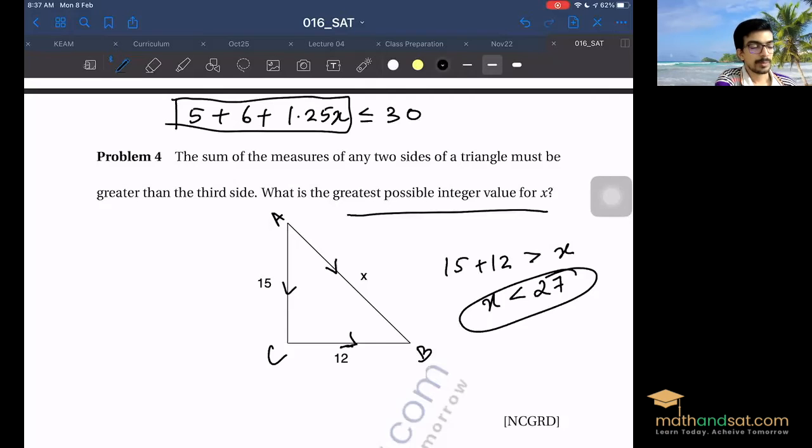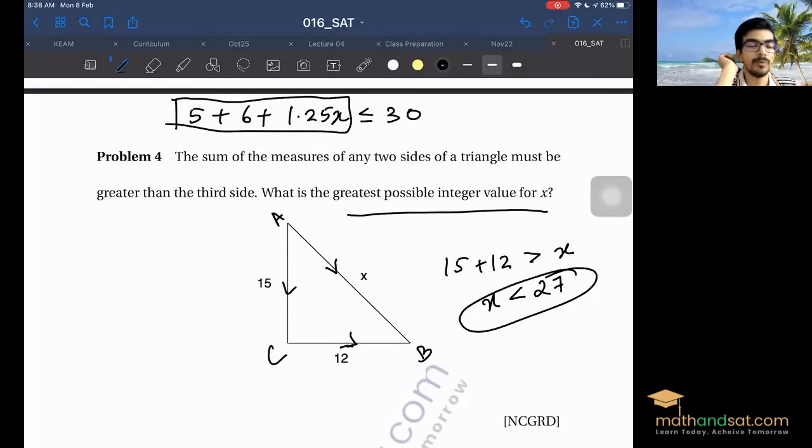Tell me. Is this confusing? Hello? Are you guys with me? Your x has to be 26 because x is less than 27. They've asked for the largest possible value of x.